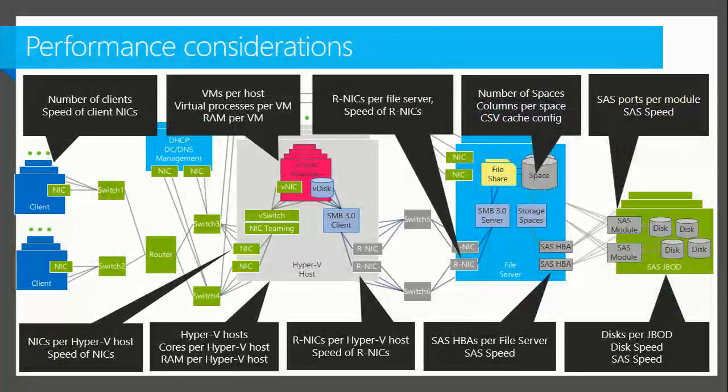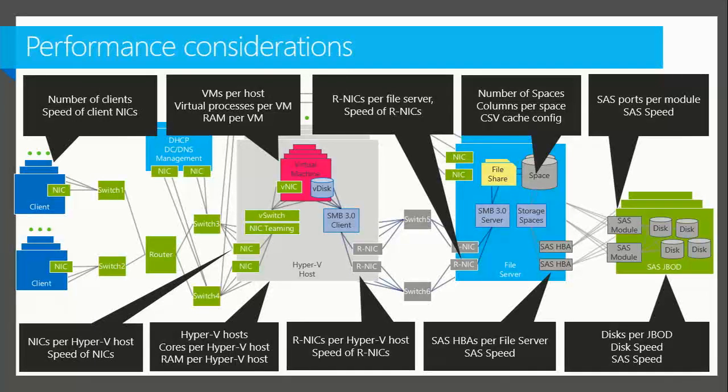All right, few things, so more boxes. And these are all the things that you have to keep in mind when you're thinking about this configuration. Every one of these things in those boxes represents something that could impact your performance, okay? How many SAS ports per module?